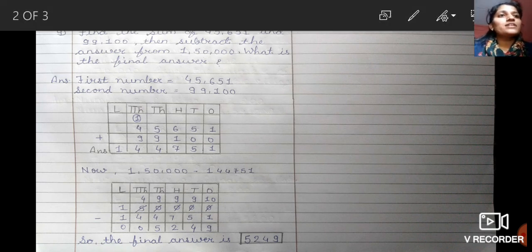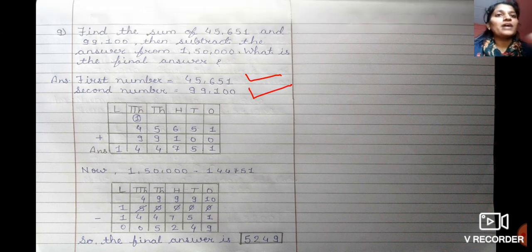So students, first of all we have to write 45,651, that is the first number. Then we write 99,100, that is the second number. So we are going to add them.